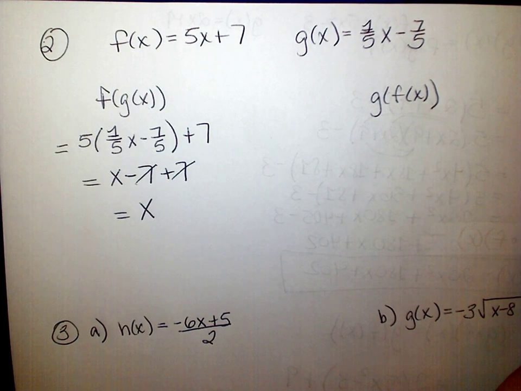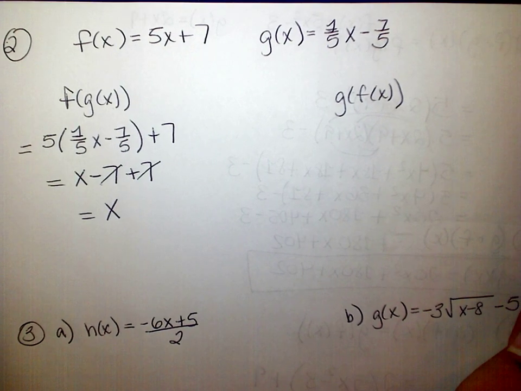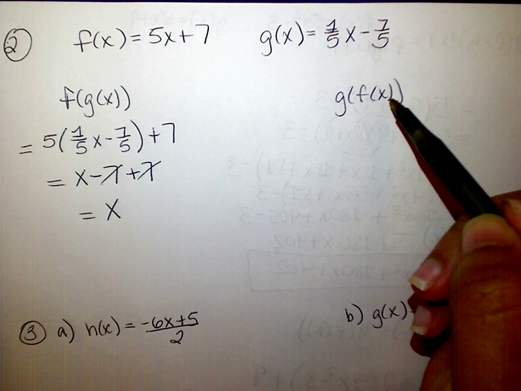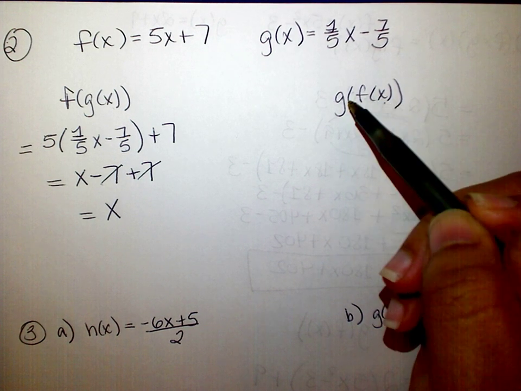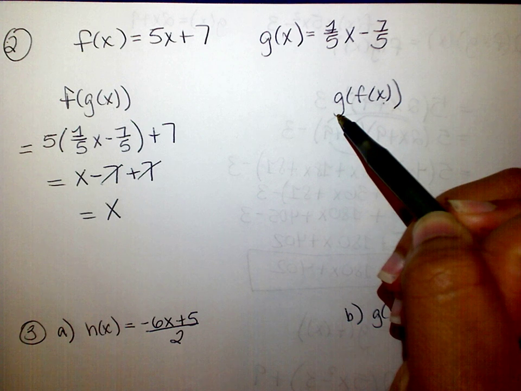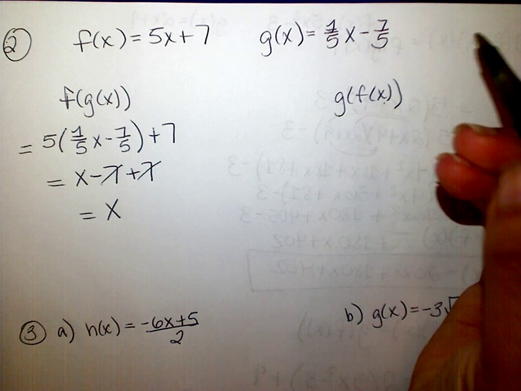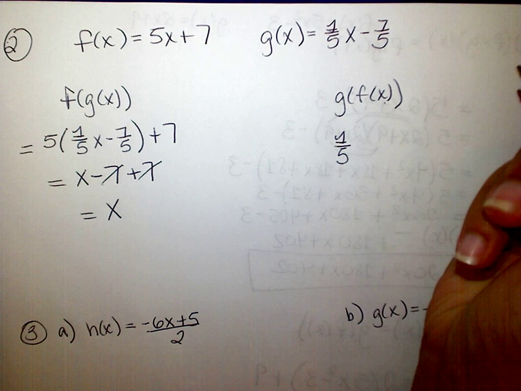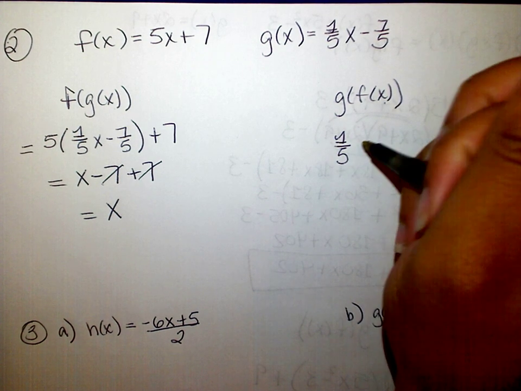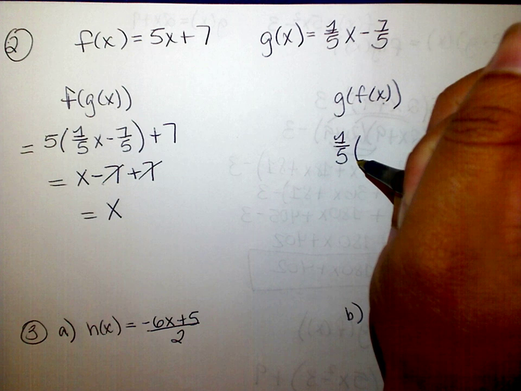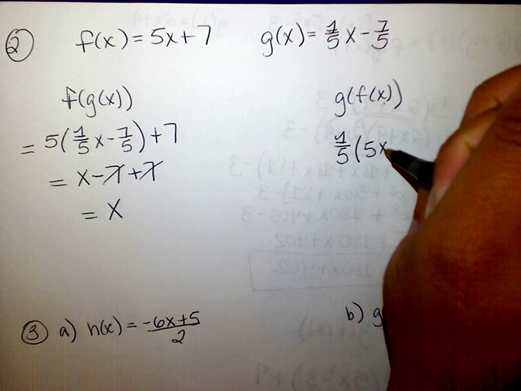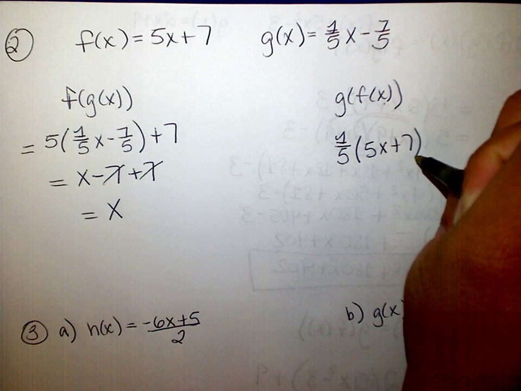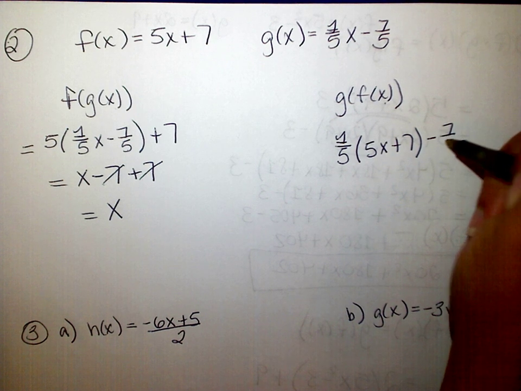Alright, now we're going to take a look at g of f of x. So we're going to be substituting the function f into the function g. So g is 1/5 x. So instead of x, we're going to put the function f, which is 5x plus 7, and then minus 7/5.